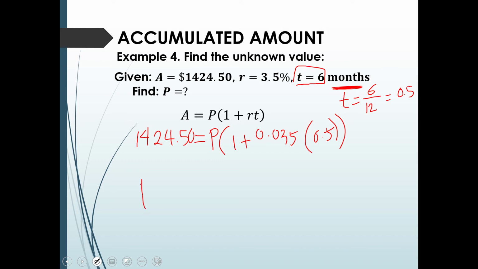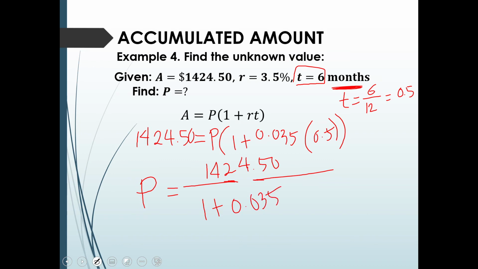So to find P, we have 1424.550 all over 1 plus 0.035 times 0.5.